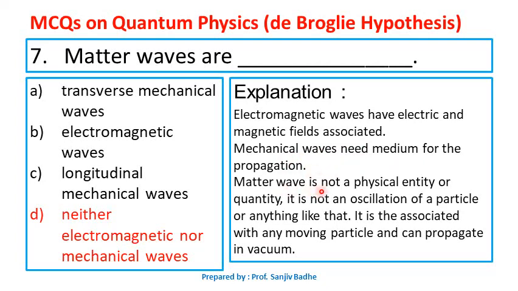So matter wave is not a physical entity or quantity. It is not an oscillation of the particle or anything like that. Matter wave is associated with any moving particle and can propagate in vacuum also. So the answer to this question is matter waves are neither electromagnetic nor mechanical waves.